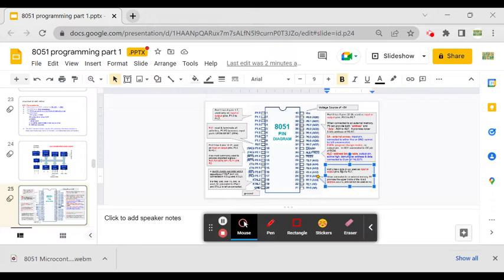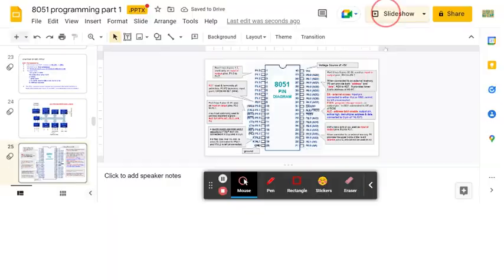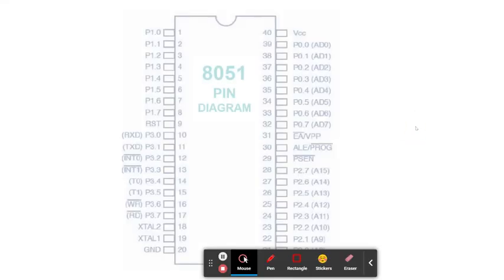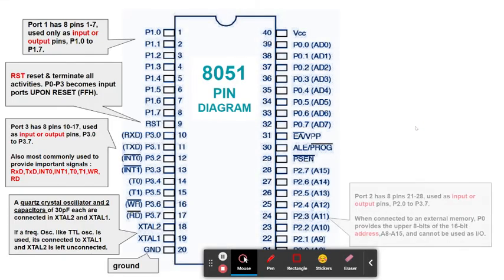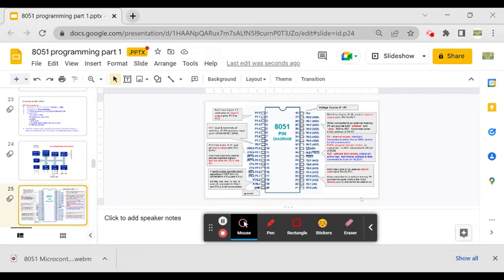So it should be P2.0 and the other one is P2.7. So port 2 has P2.0 up to P2.7.